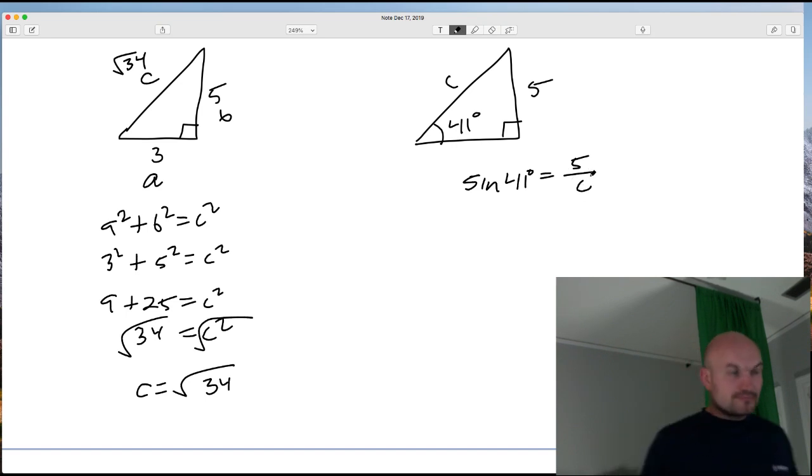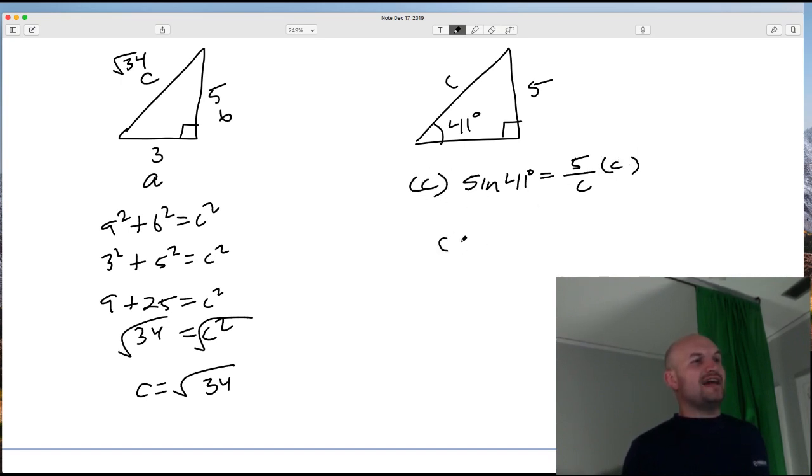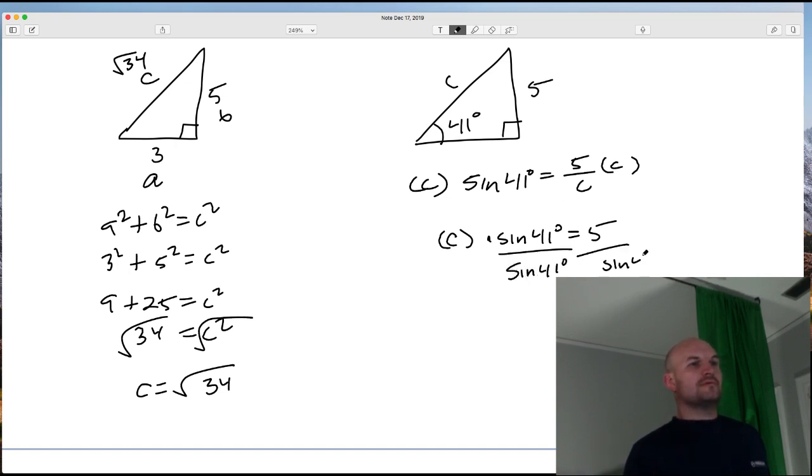To solve for C, we multiply by C on both sides, and then divide by the sine of 41 degrees. So C equals 5 over the sine of 41 degrees.